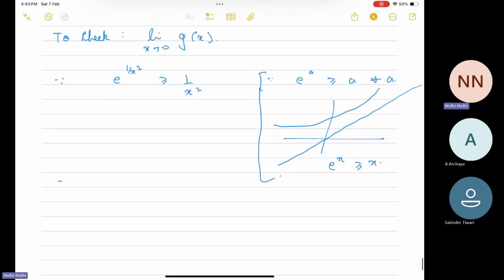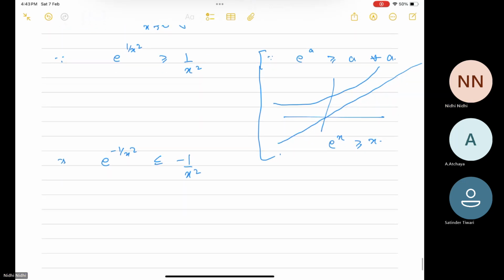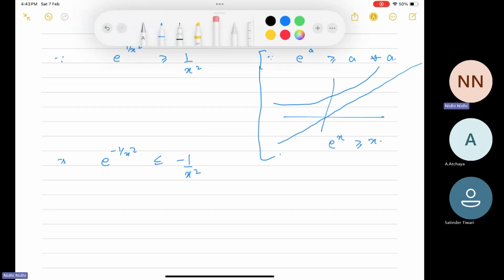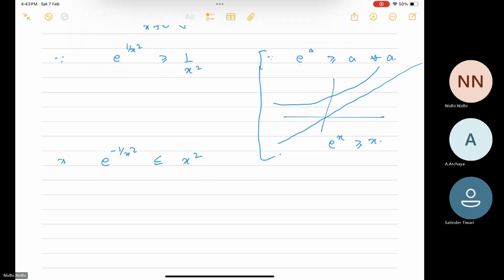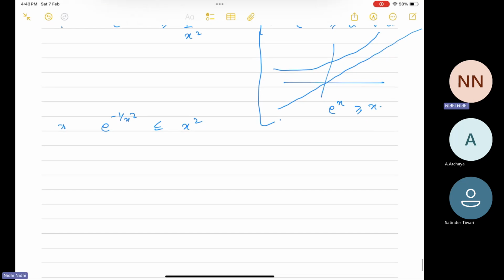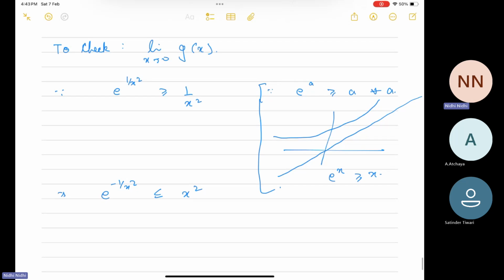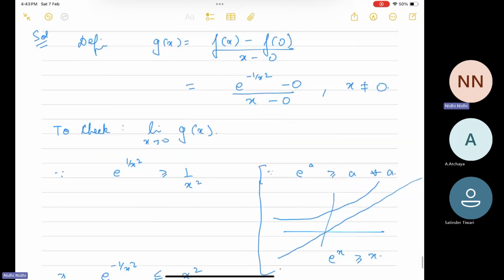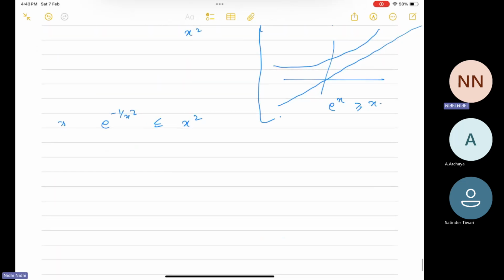So this will give us e to the power minus 1 by x square. That means the reciprocal will be less than or equal to, sorry, less than or equal to 1 by x square, since we are taking the reciprocal. So this gives us that our function g, which is e to the power minus 1 by x square by x, is less than or equal to x.